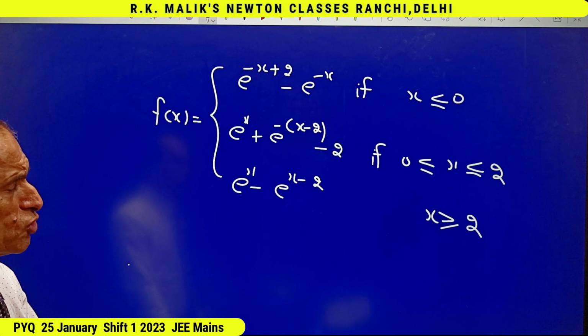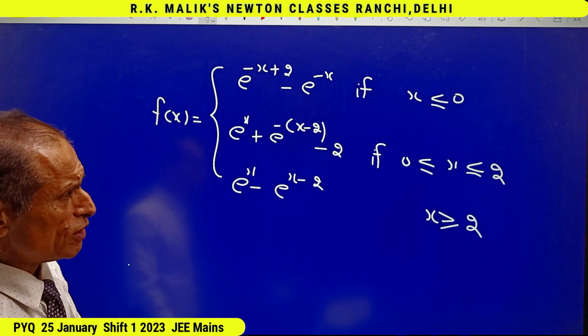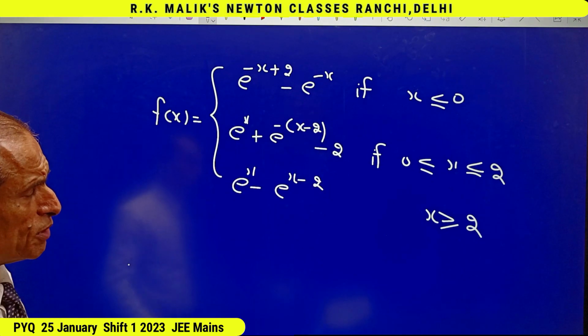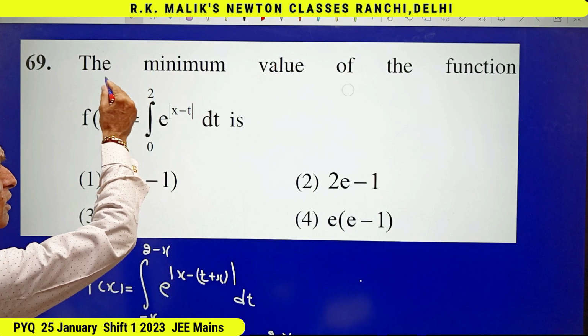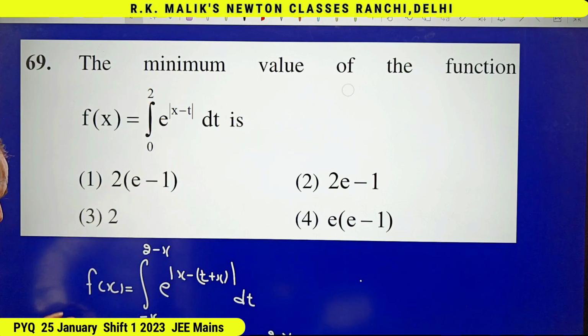And I told this thing geometrically also, that for x equal to 0 and x equal to 2 the answer is going to be the same. And according to this I have to find the minimum value of f(x).